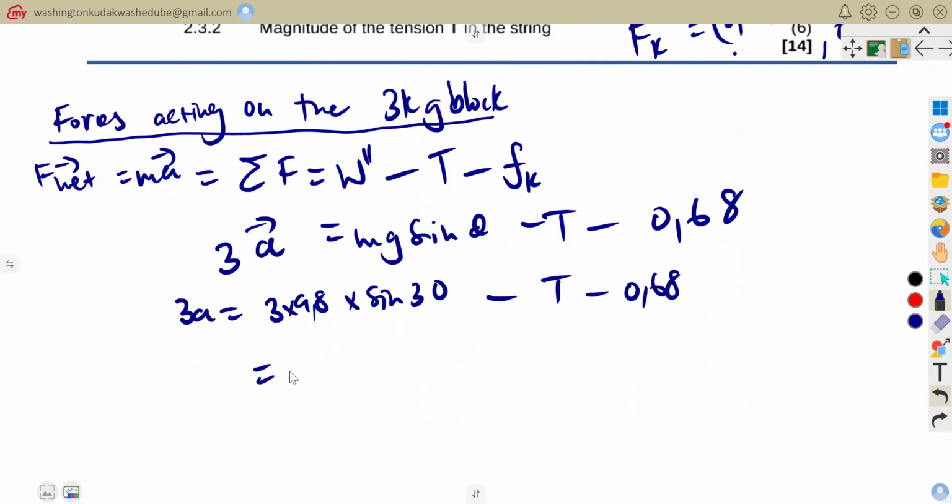Here I can transpose, or else leave it in this format where I solve this and that.